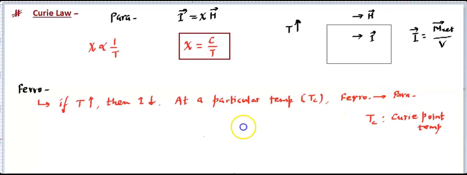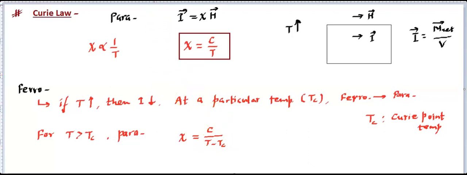And for temperature becoming more than Tc, now the material becomes paramagnetic material. And this paramagnetic material will have susceptibility dependence on temperature, because again, if you are heating up, its susceptibility is decreasing, and that goes like this. The susceptibility is equal to this Curie constant divided by T minus Tc.